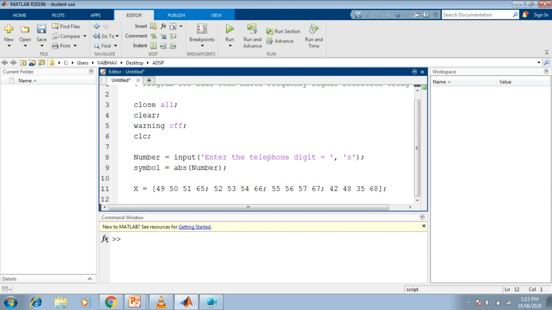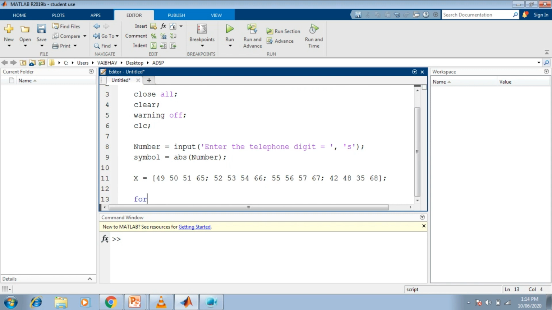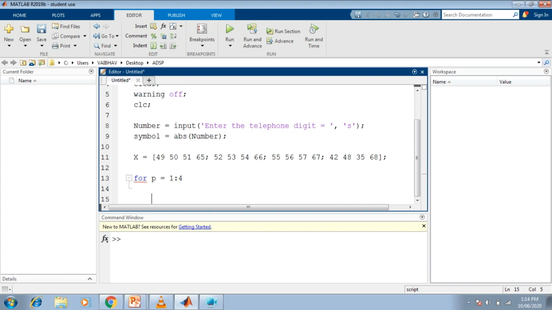Now we shall be making use of nested for loops here. So I write down the keyword for, and we take the index variable small p, which we iterate from the value 1 up to 4, and in this particular for loop that we are going to end here, in between these two keywords we have to develop it.